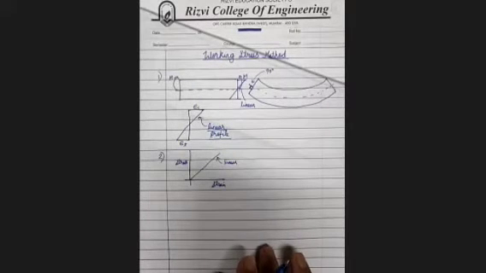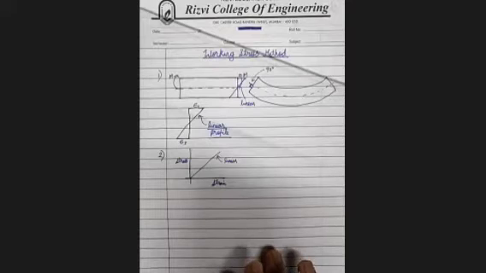Now next. We also had one assumption. What was the next assumption? We had the assumption that there's a perfect adhesion between steel and concrete and no slip takes place between steel and concrete. What is the meaning of that?